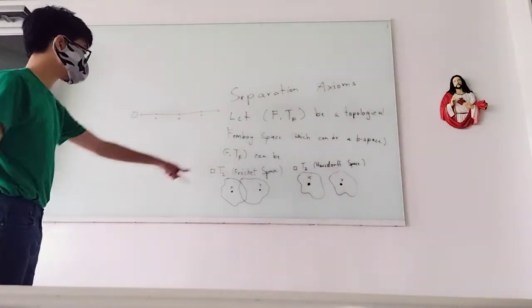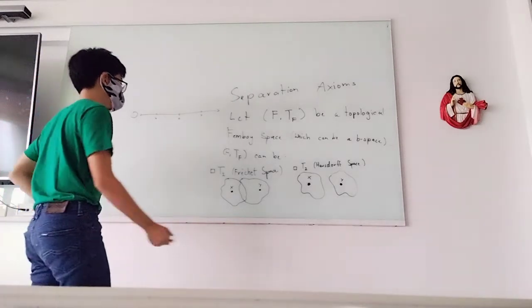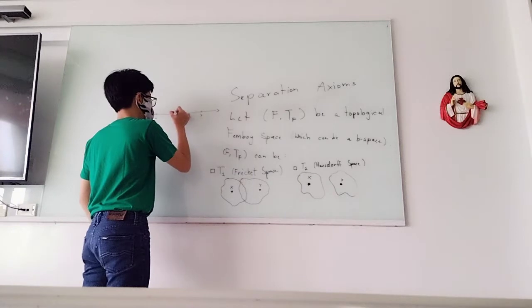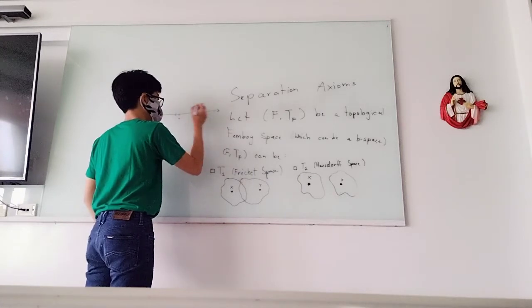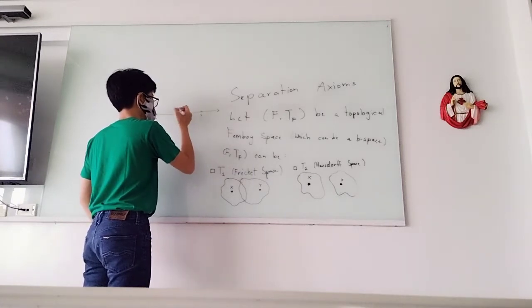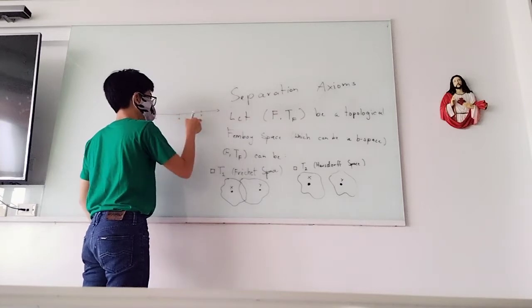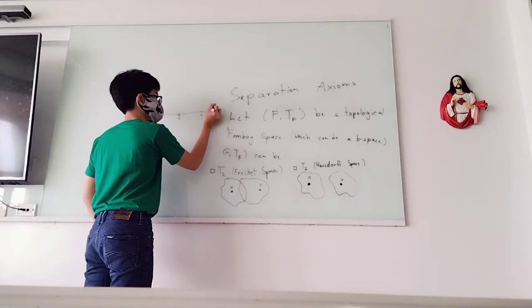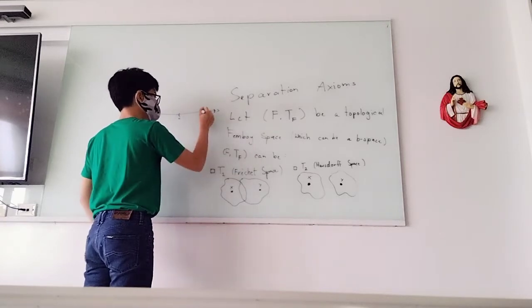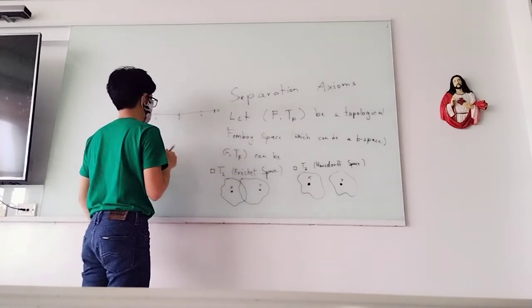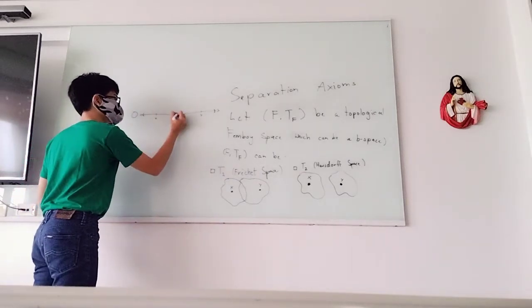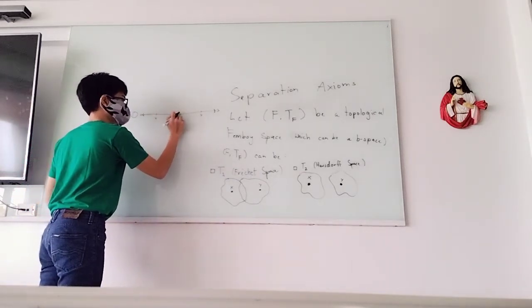If it is a Fréchet space, it means that the intervals here intersect. So let's say that I want y to contain 0, and assume that this is equal to this length. Now let's construct the same epsilon ball of x.